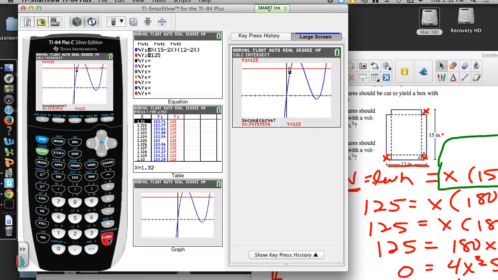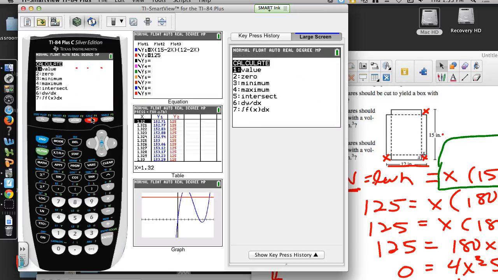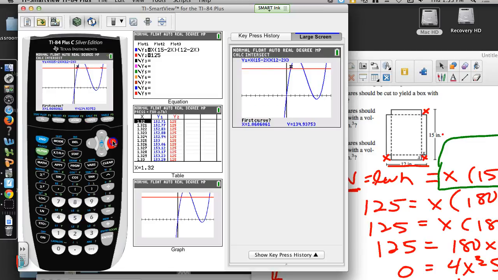So enter, enter, enter through guess. And that is approximately 0.942. I'll write that down in a little bit. Second trace, number 5 intersection, get Blinky in position for the second intersection. There's Blinky. And we can see that it's picking up on the 2 that we want.